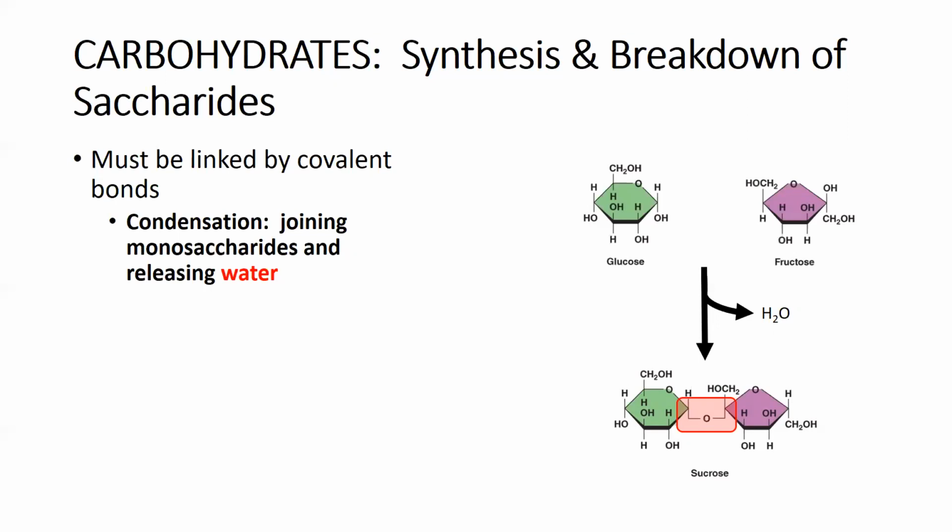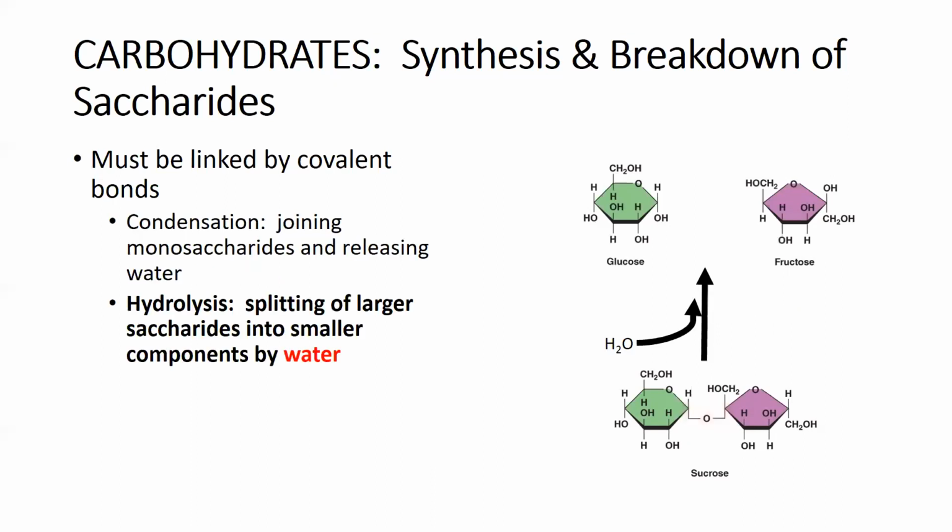So condensation is that reaction of joining two monosaccharides or two monomers together, releasing water. And this is not exclusive to carbs. We'll see this with proteins as well. So linking those two monomers together, releasing water, and they'll be joined together in this saccharide, which is the bonded form of this molecule.